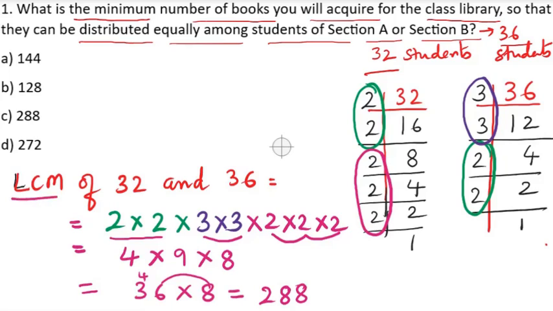So the LCM of 32 and 36 is 288. So 288 is the correct answer. 288 is the minimum number of books which will be there in the library so that section A and section B both can take an equal number of books.